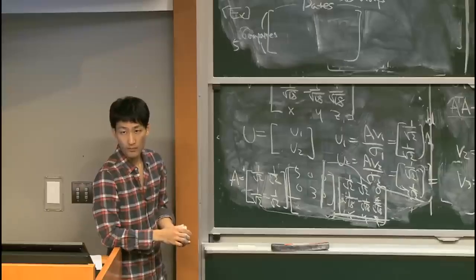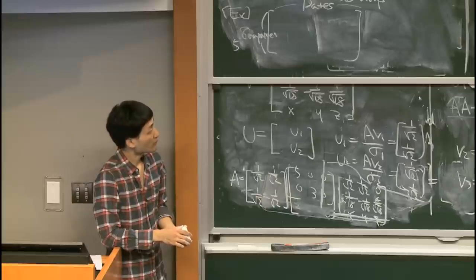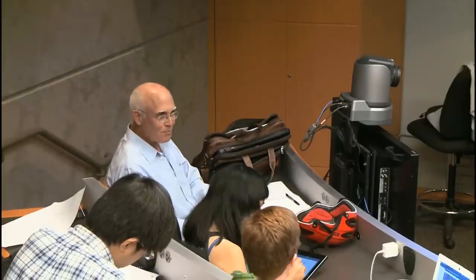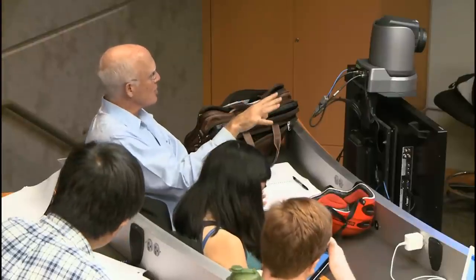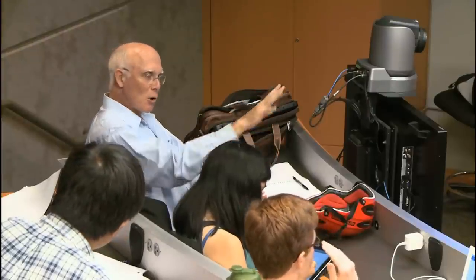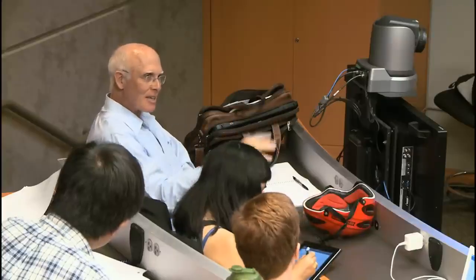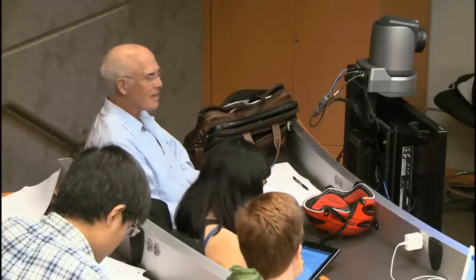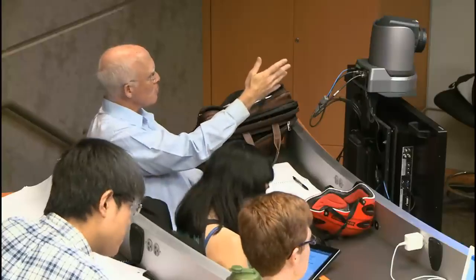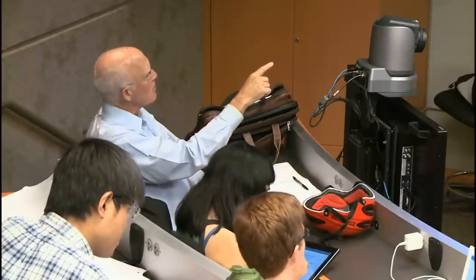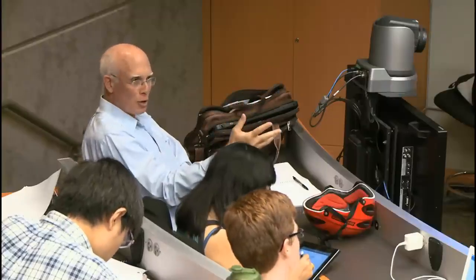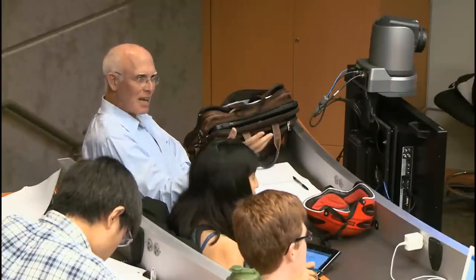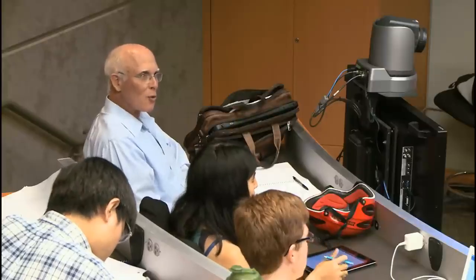An orthonormal matrix gives you the cosines of the new coordinate system with respect to the old one.